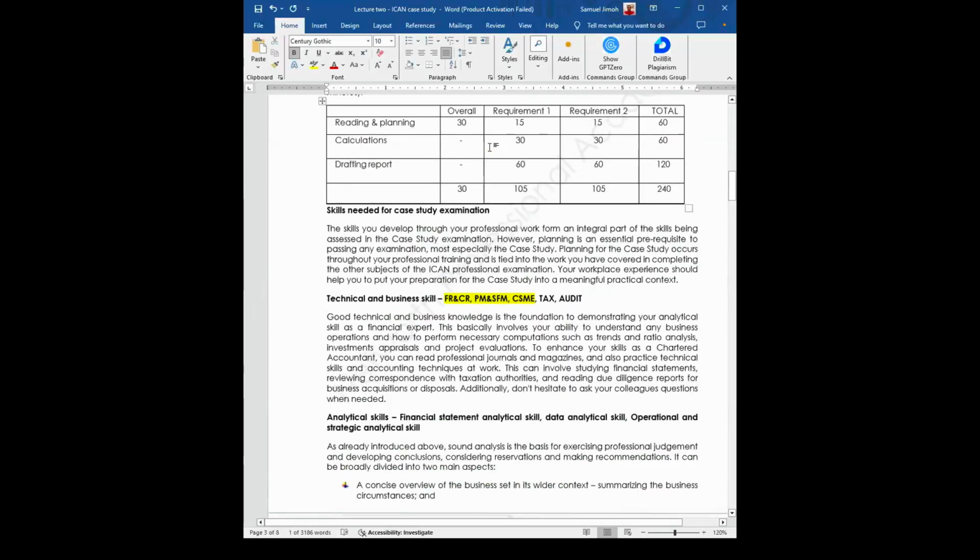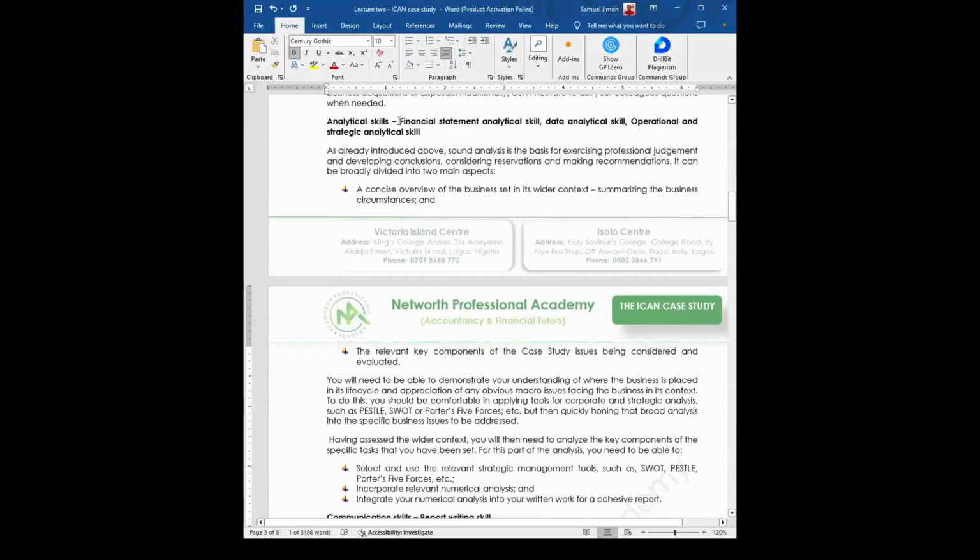Just imagine that these three analytical skills will form the basis of the requirement. And when you are asked to do financial statement analysis and financial data analysis, but instead of focusing on these two, you only focus on financial statement analysis and operational and strategic analysis, and you left out the financial data analysis. That means what you have done here will be what?